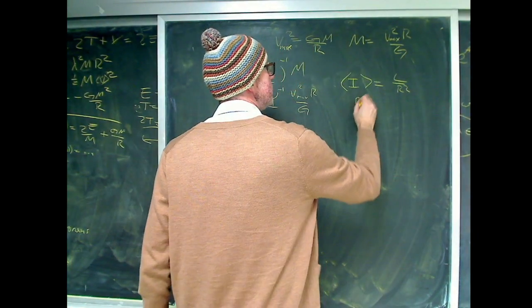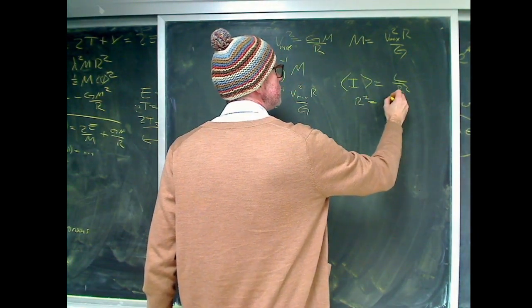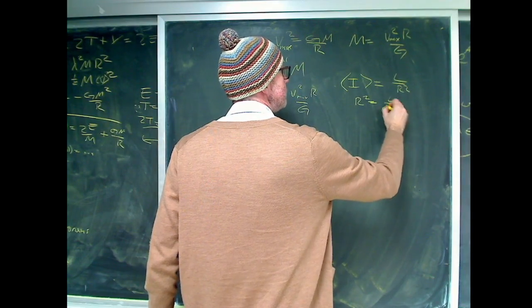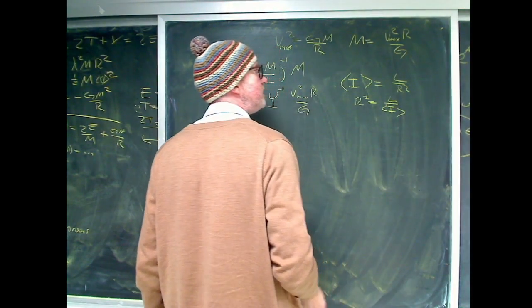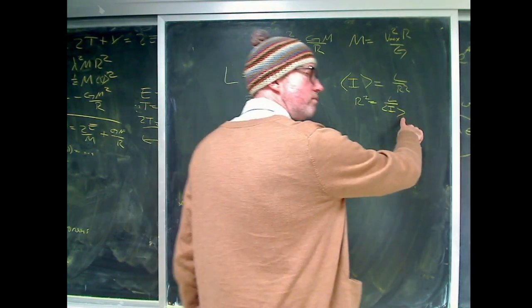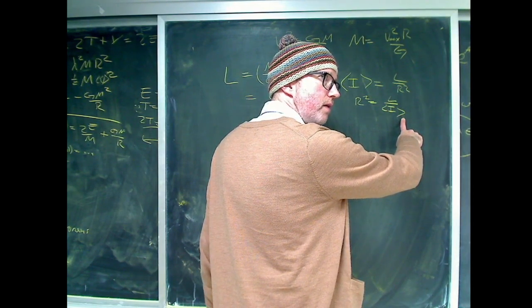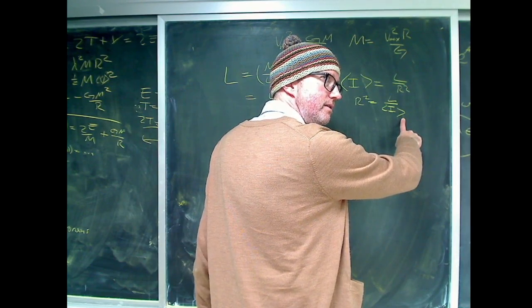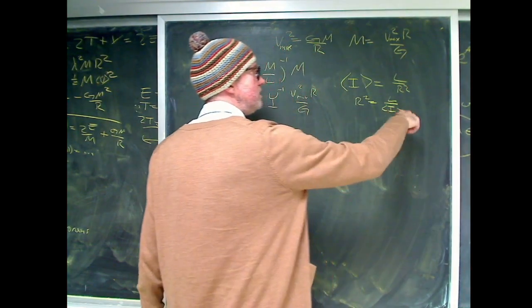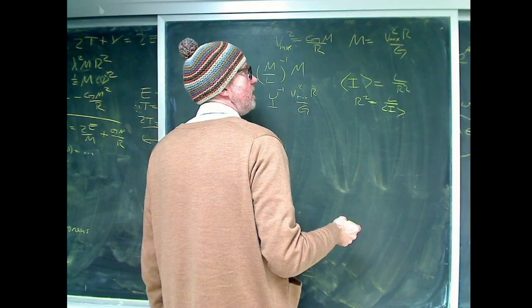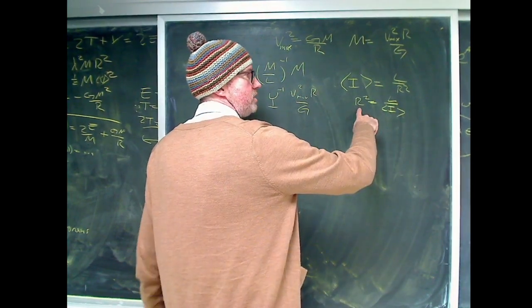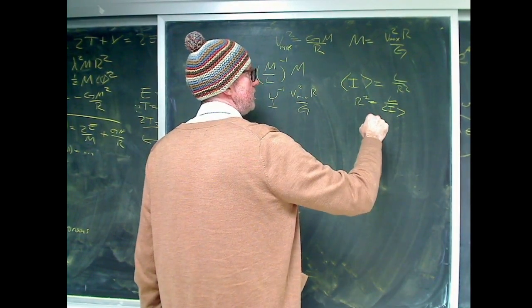So R squared equals the luminosity divided by the average surface brightness. Now we said that from Freeman's relation, the average surface brightness for most spiral galaxies is roughly constant. So this is kind of a constant number. The luminosity changes as the radius changes, so that's cool.